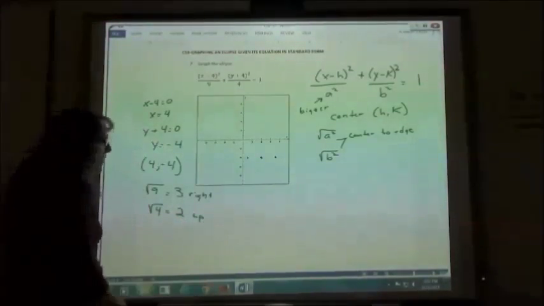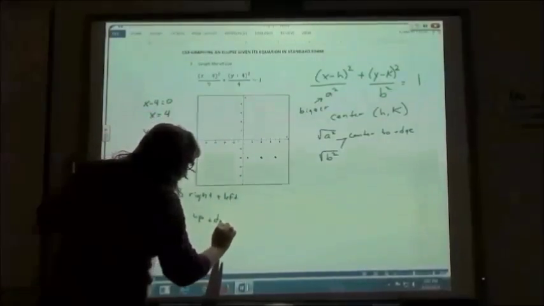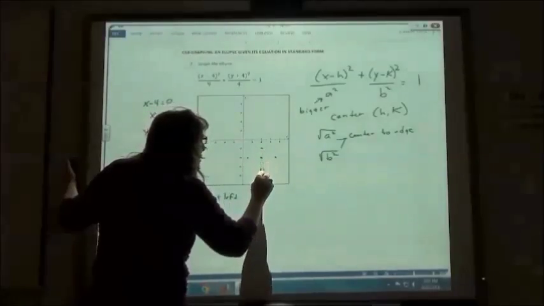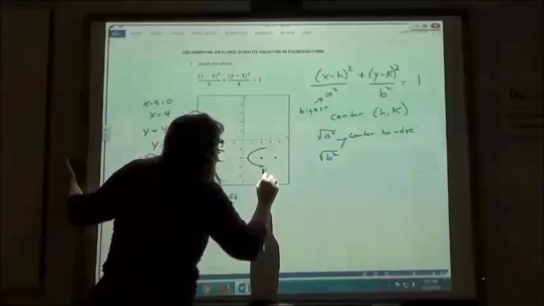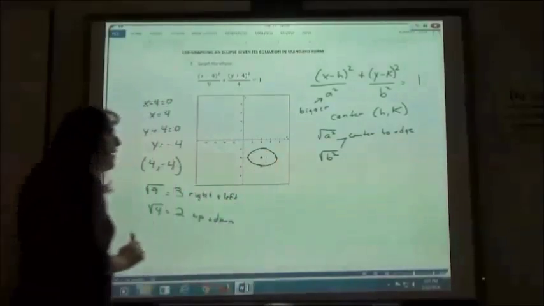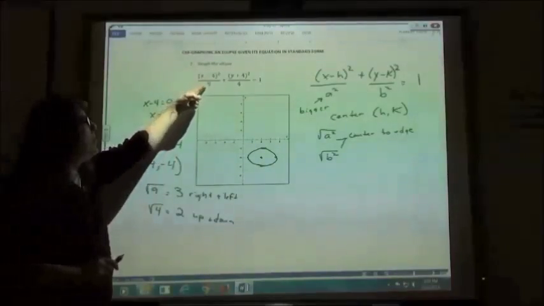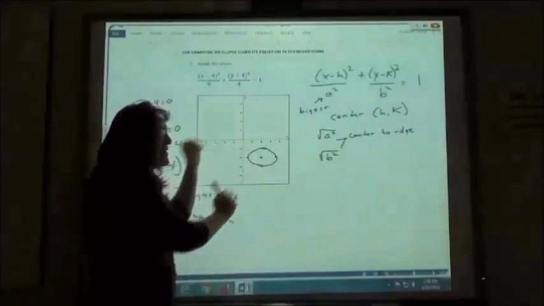So that's going to be your up and down. So I'm going to go 1, 2 up and 1, 2 down. And my ellipse is going to sort of look like that if I could draw it. So because this number underneath my x was bigger, it is longer going left to right than it is up and down.